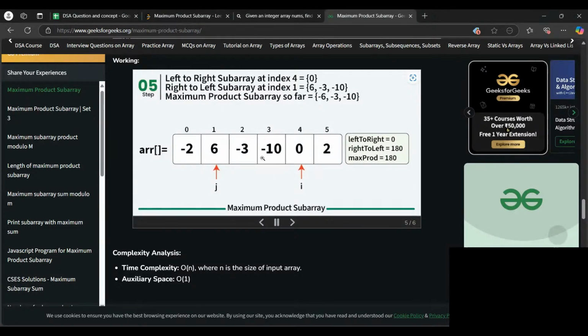It means if you multiply minus 10 minus 3 6 it becomes greater, if you multiply minus 2 6 or minus 3 then it's small, so we need to remove minus 2 first. We need to remove the negative first one, we take as negative the second one, because here the number of negative numbers before the 0 is three, so it's an odd number. So we need to consider it as negative and positive.